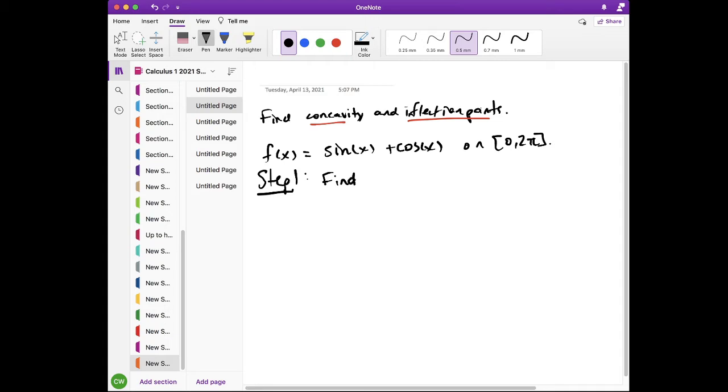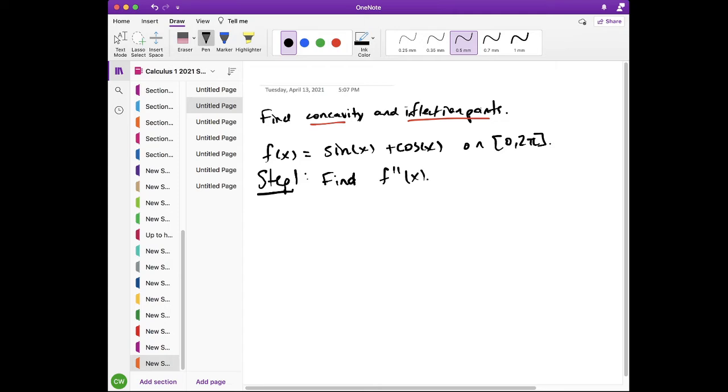What is used for concavity? Yes, second derivative.